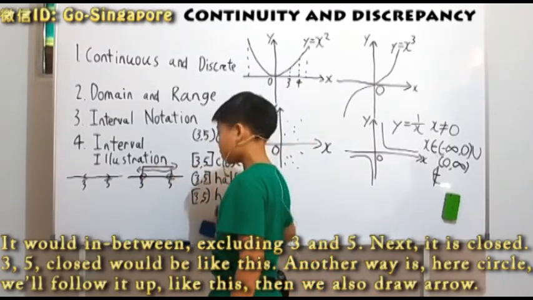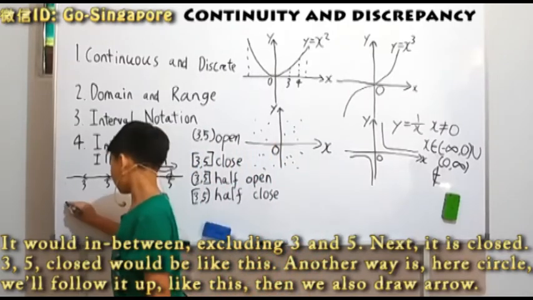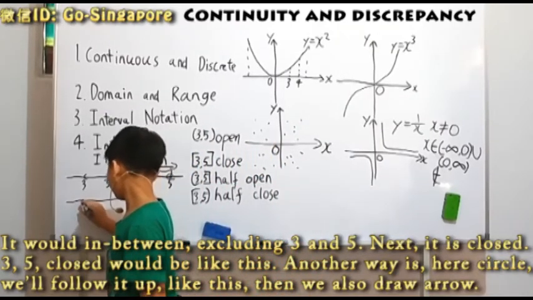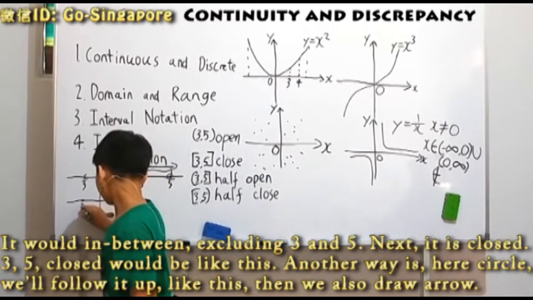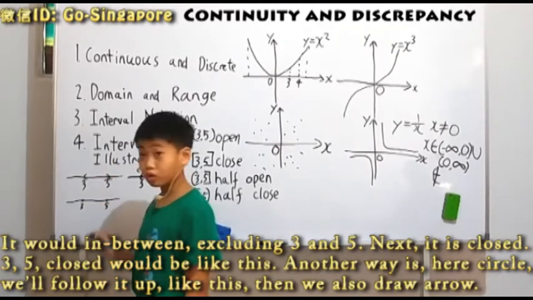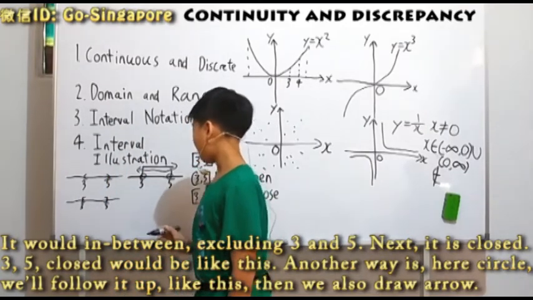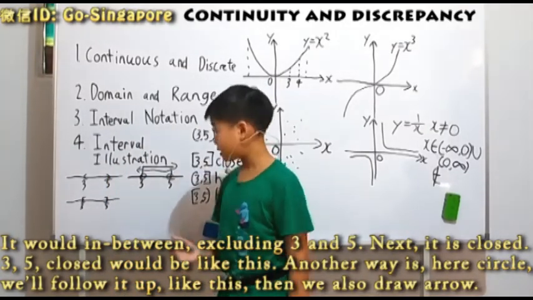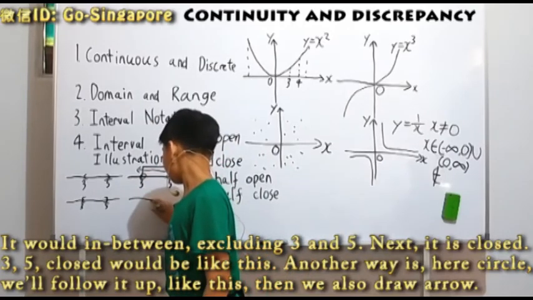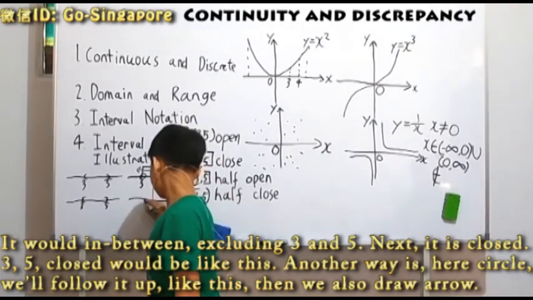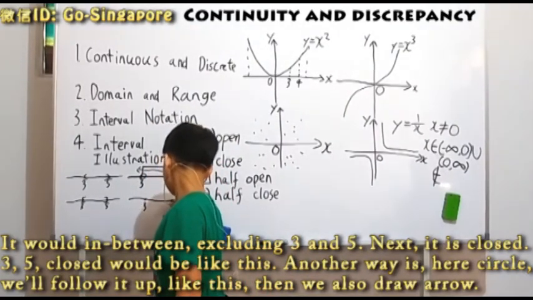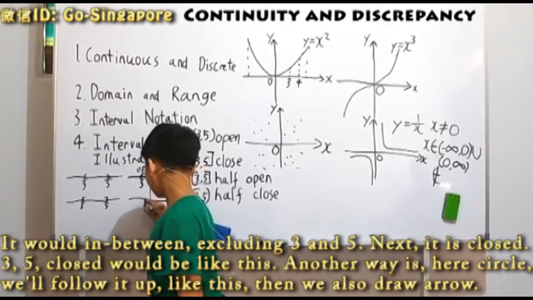Next is closed. 3, 5. Closed will be like this. Another way is your circle.